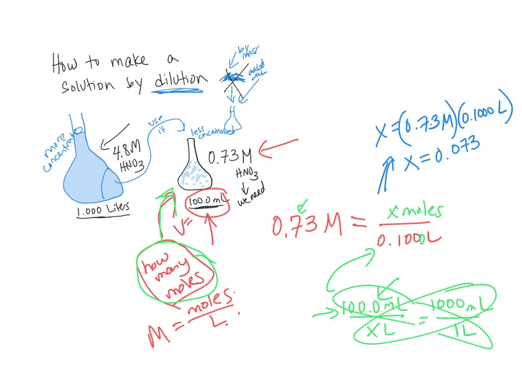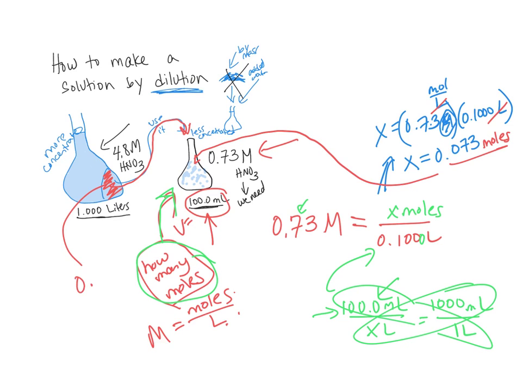Big M can be rewritten as moles over liters. So when we multiplied this by this, our liters canceled, and our unit here is moles. So that's how many moles we need to have in our flask. Which means that if we're going to be taking moles out of here to put in here, we're going to have to take out 0.073 moles.